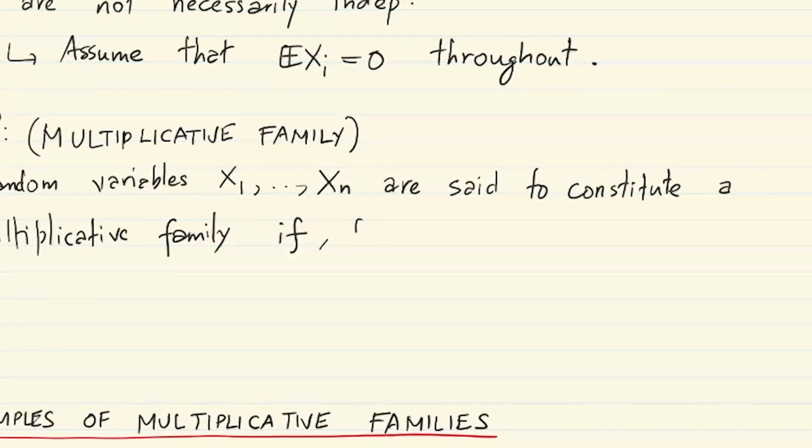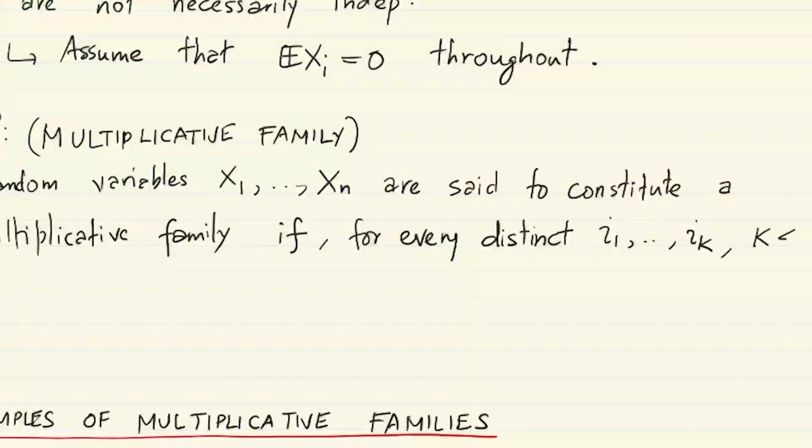If for every distinct collection of indices I1 through Ik, where k is at most n, so distinct is important here.